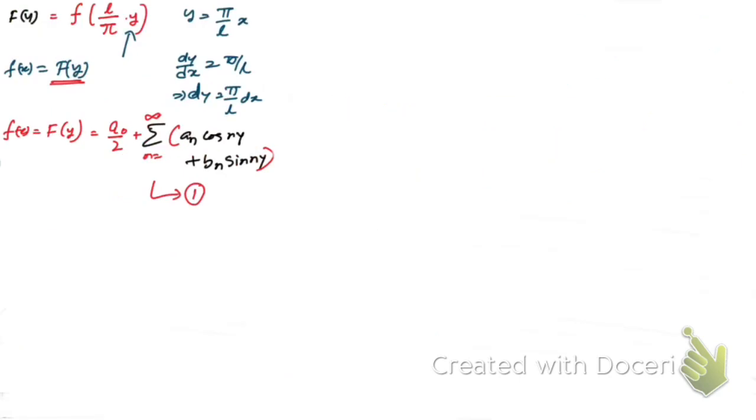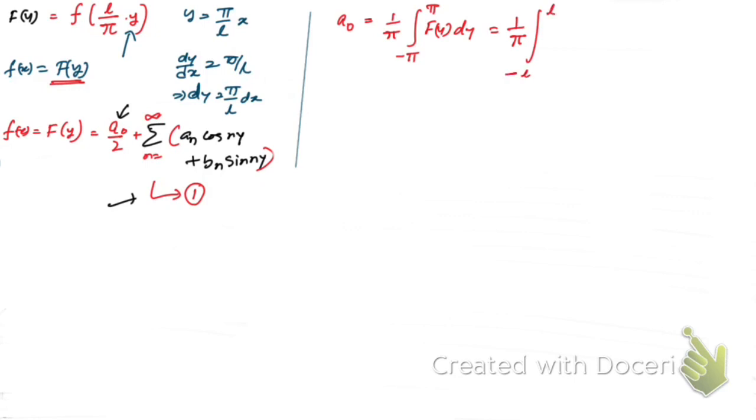Now you see, the coefficient a naught for this Fourier series will be given by a naught equals 1 by pi integral from minus pi to plus pi of F of y dy. If you change the interval to minus l to plus l, then you have to put y equal to pi by l into x.